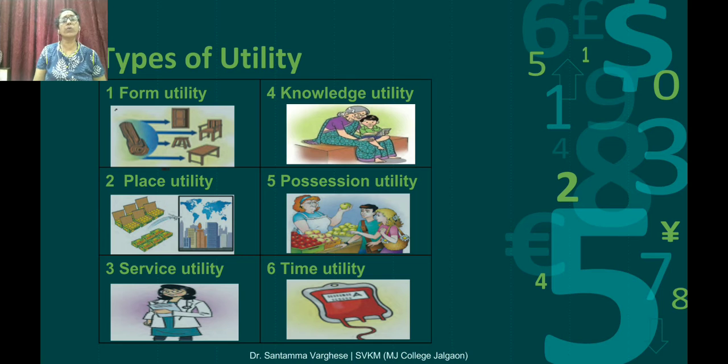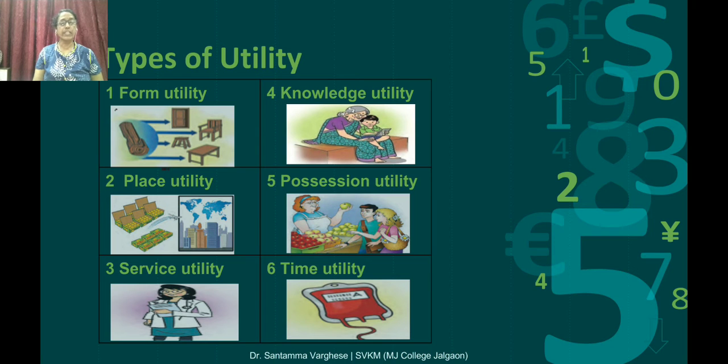Everything we utilize each day is due to the change in its form. In the original form we don't use it, but if it is changed and becomes useful for us, we use it. So the first type of utility, form utility, is the utility we get due to the change in the form of materials.